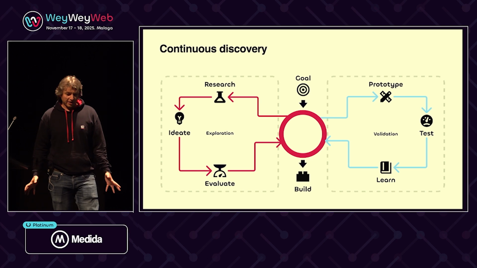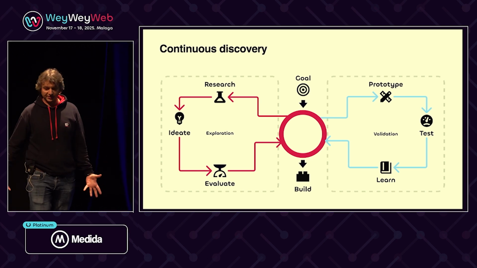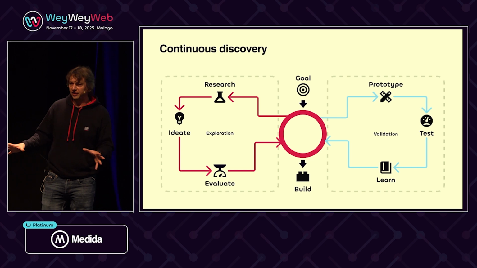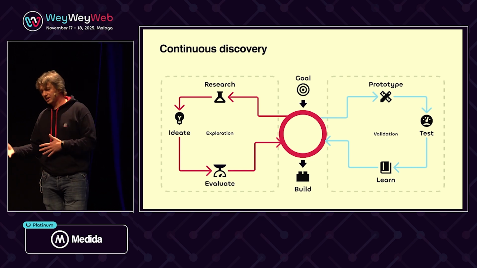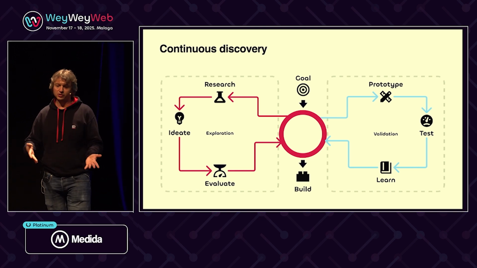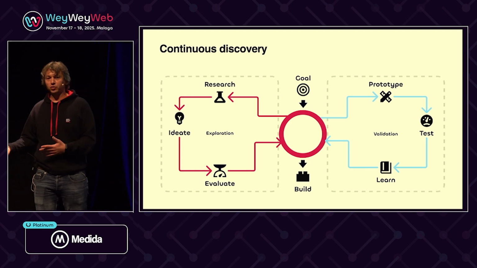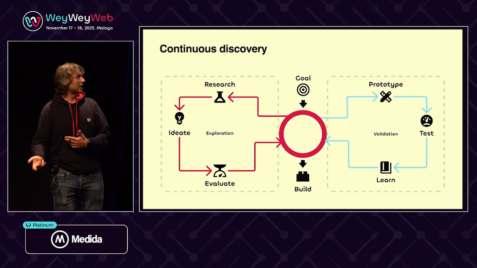And of course, this is not the whole toolbox. There are many other kinds of experiments that you can run. And in fact, the insights not only come from experiments, they can also come from other sources. For example, support tickets, bug reports, feature requests, you name it.